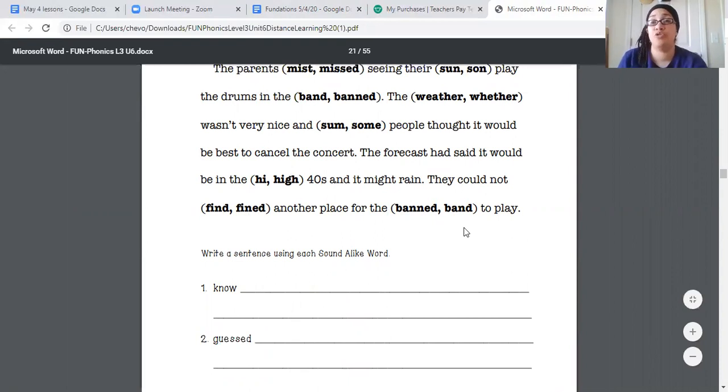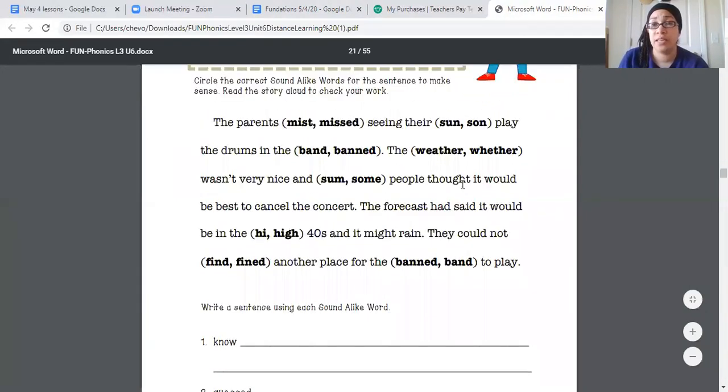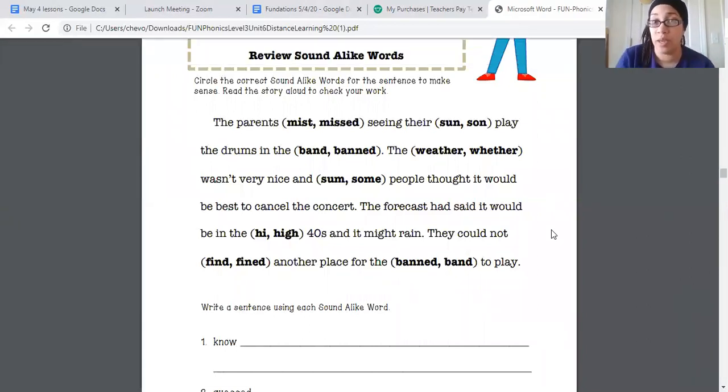Then choose the answer you think is correct for each of these, and then come back to the video and I'm going to be marking what the correct answer is. I'll just put a little check mark or something above which one is correct, okay? So go ahead and pause the video now and then come back for the answers, okay?